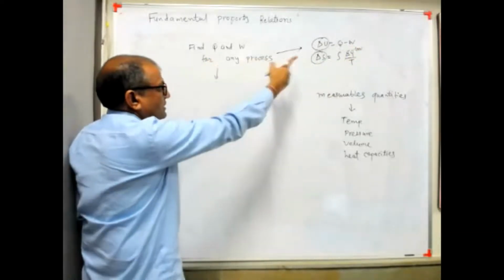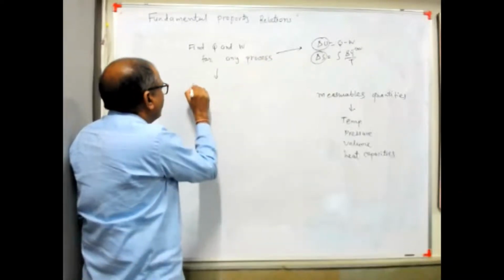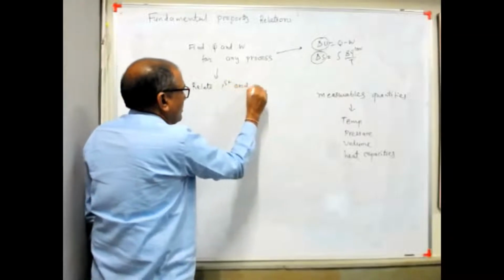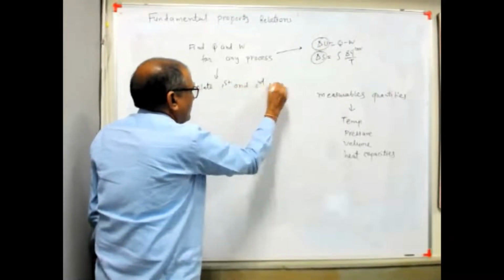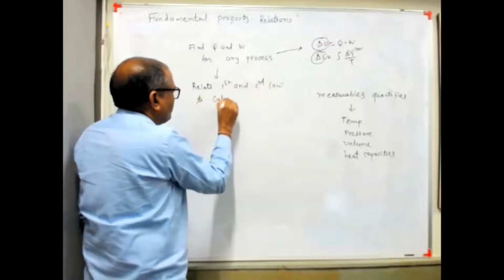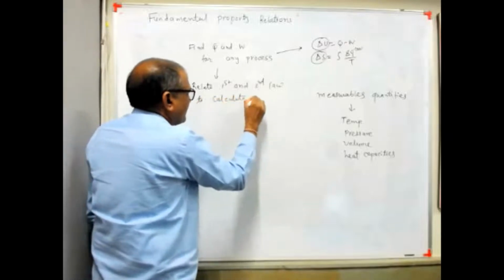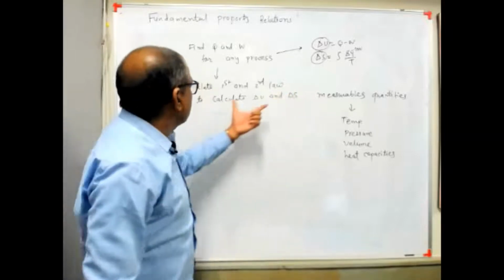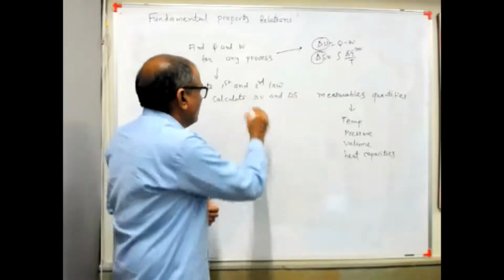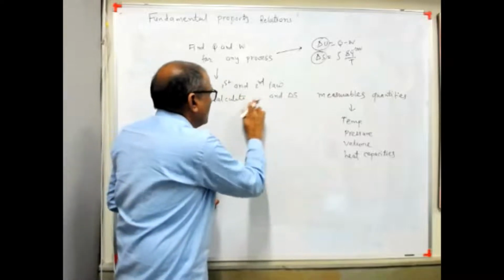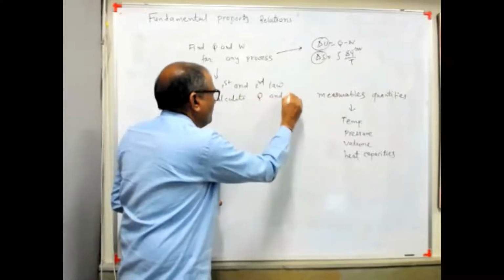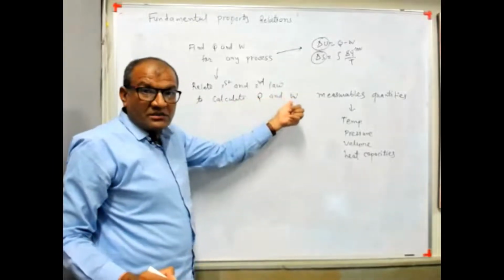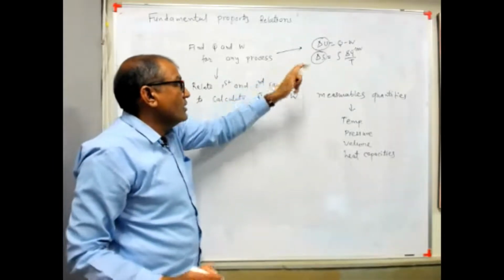So this is the first step, the first objective. To solve this objective, we have written the equation: relate first and second law to calculate, I'm sorry, to calculate Q and W. Okay, but I am not able to do this Q and W using the first law.